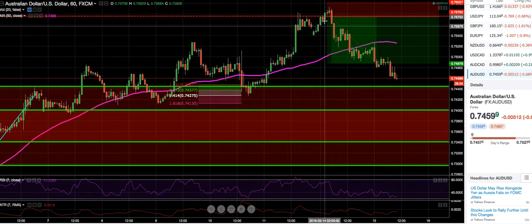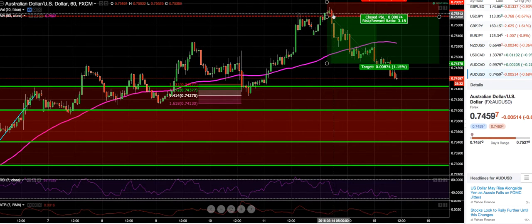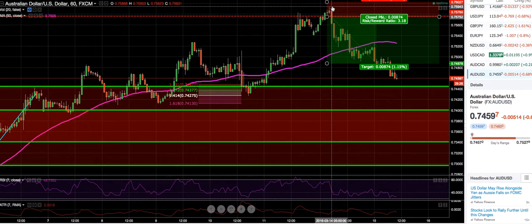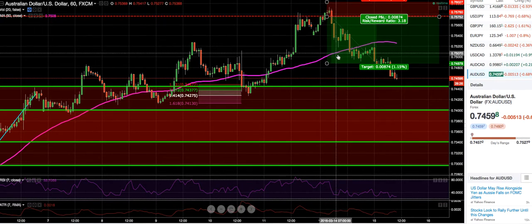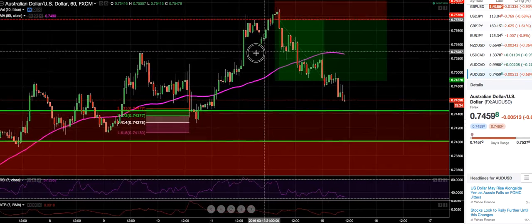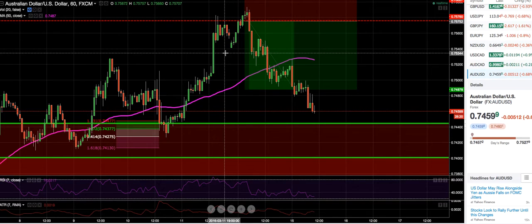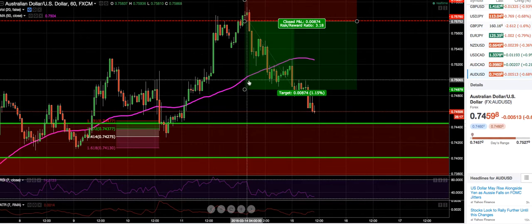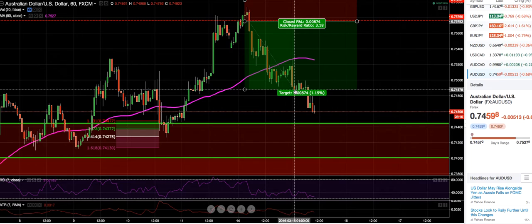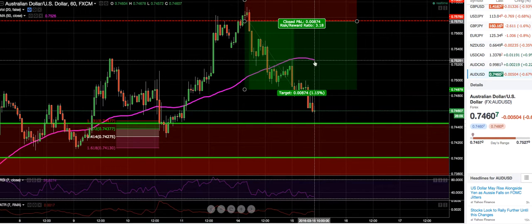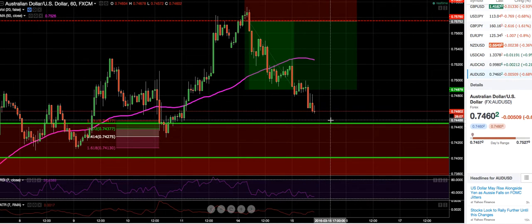We did push a little bit above, didn't get stopped out, and then hit our target 1, and then I took half of my position. Target 2 has been hit, but I am managing it. I am following the market and moving my stops as the market goes down.